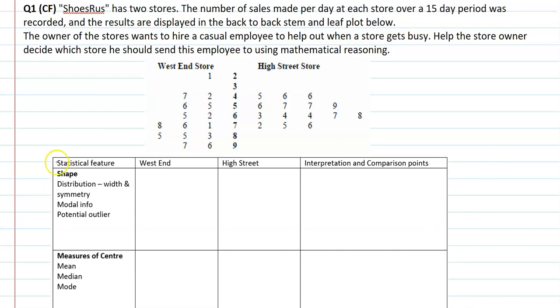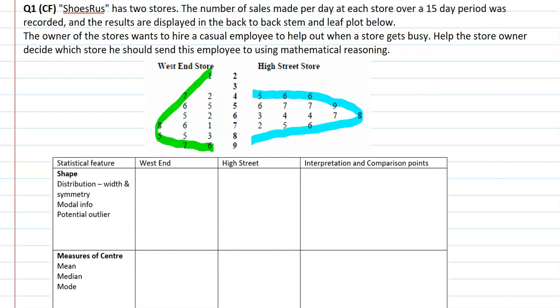Okay, so before we move on to the calculator, we're going to have a look at both stores in terms of their shape and make some comments on what we're seeing there. So to help, I would always draw a little line over each store, so it helps us visualize the spread and also whether there's any skewness in the symmetry of the data.